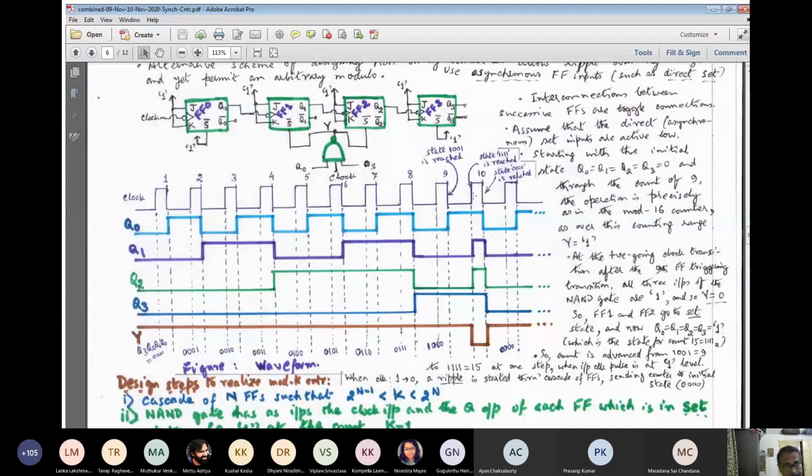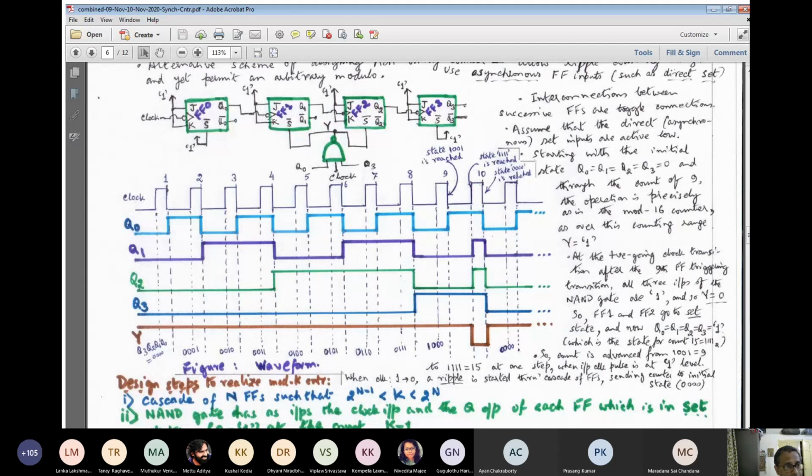As soon as the clock gets to the logic 0 level, it will set the output of y to high, because the clock has become 0 here, and that will no longer affect the direct set input of FF1 and FF2. Clear? So then it will be normal clock induced operation.